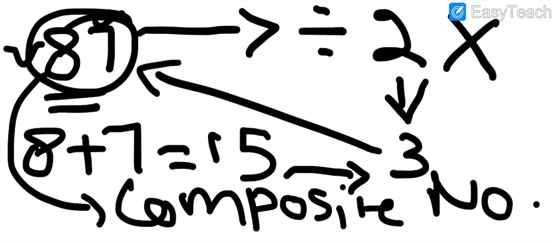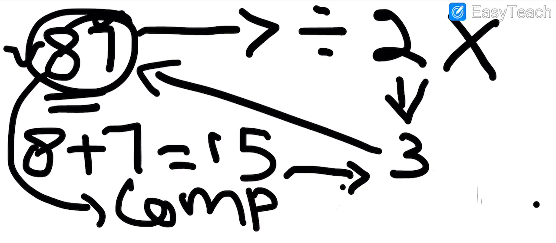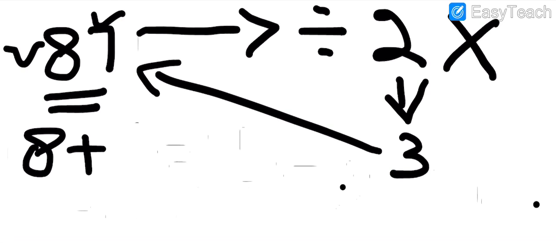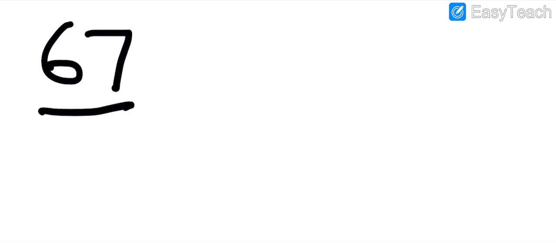Now, let me move on to the second part of it, B part of it, which is 67. If you have D1 with you, you can open it and do it right along so that you can practice it. And if there is any query, you can simply add it in the comments when I upload this video.